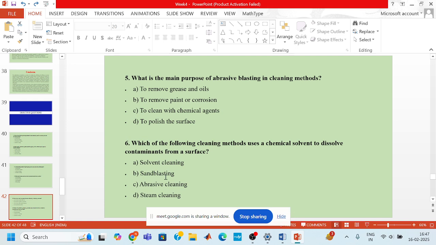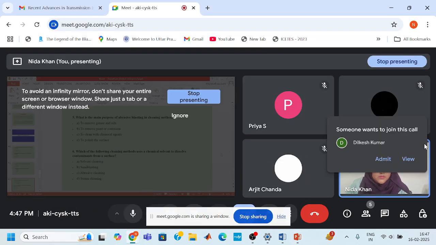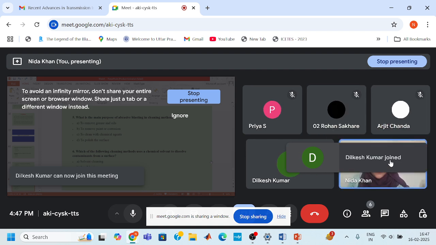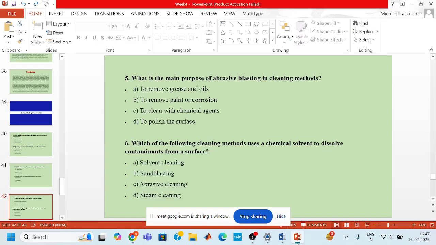Next question is what is the main purpose of abrasive blasting in cleaning methods? First option is to remove grease and oils. Second is to remove paint or corrosion. Third is to clean with chemical agents. Fourth is to polish the surface.